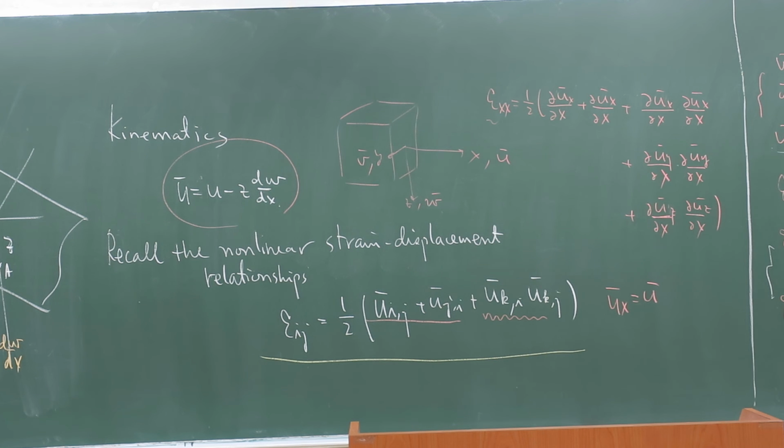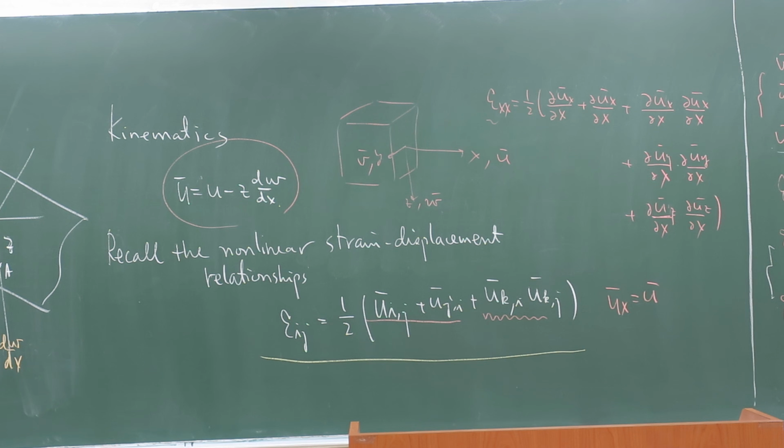All right. So this is equal to partial u partial x plus half partial w partial x squared, and minus z partial squared w partial x squared. Okay, this is a second derivative.